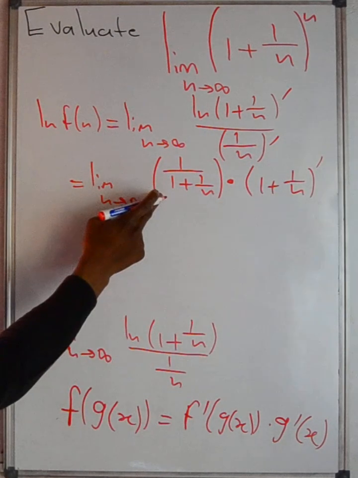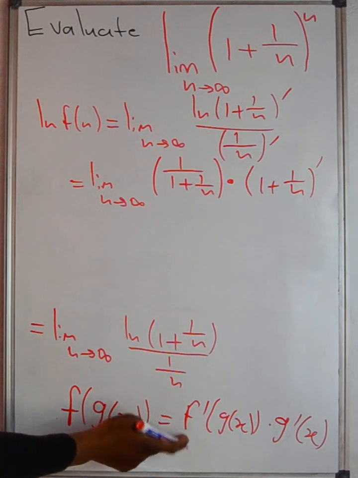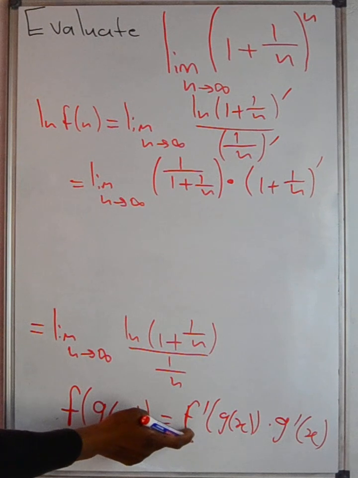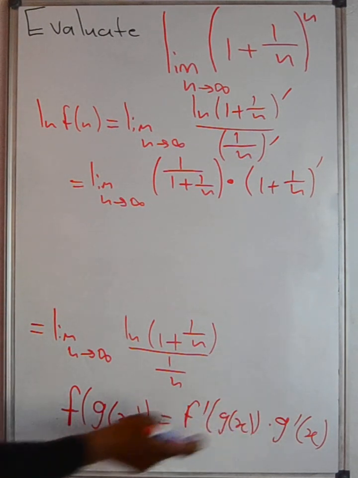So our ln is actually f of g of x, and we have already differentiated this. We need to differentiate g of x now.